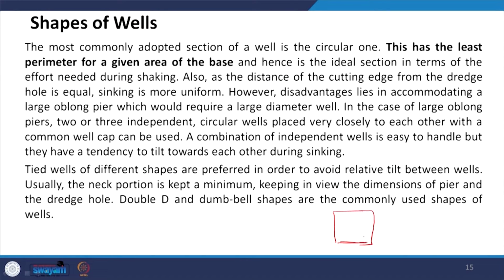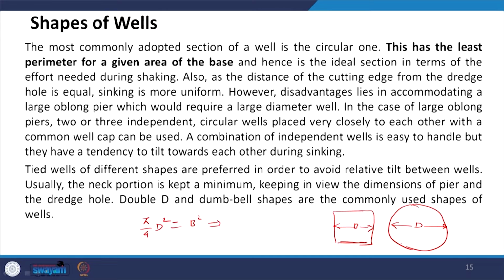So, let us say this is a square of side B, and then you have a circle. If you want to keep the same area, the diameter of the circle D will be higher than B. Actually, you can work out that pi by 4 D square, the area, is equal to B square.